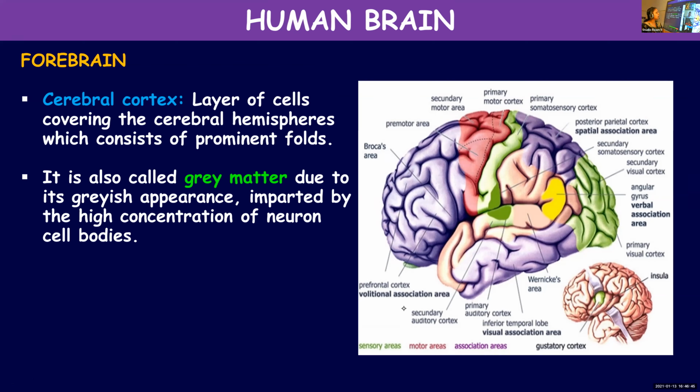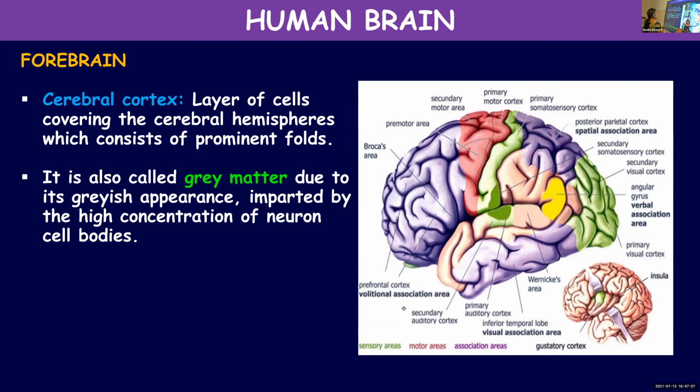One of you tell me. Absence of myelin sheath. Yes. When myelin sheath is absent, that region will be gray in color. If not, it will be white in color.